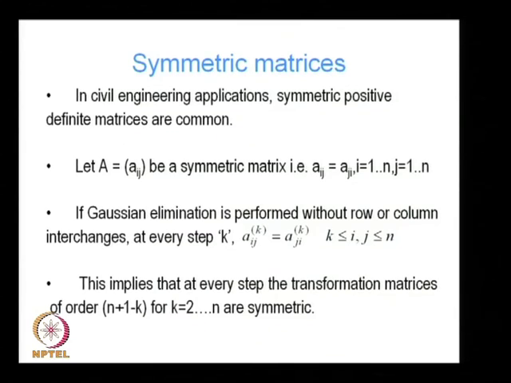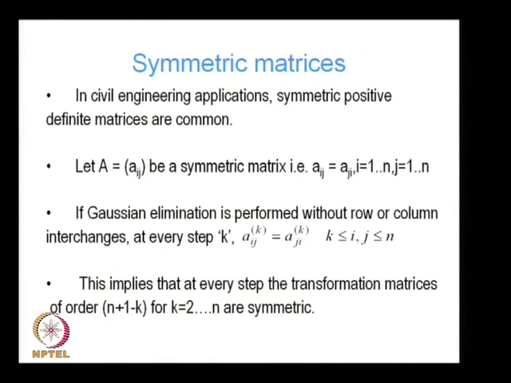If Gaussian elimination is performed without row or column interchanges at every step k, we can be assured that the matrix is going to remain symmetric. That is, Aij after the kth step is going to be equal to Aji after the kth step.